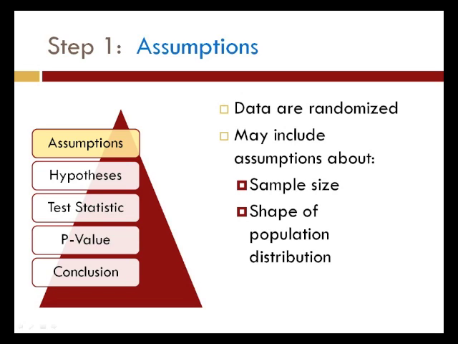If you've already started with a normal distribution, you may not need a larger sample size. With proportions, we'll find out that we need at least 15 successes and 15 failures, like what we did in the previous chapter. So those are the general assumptions that any hypothesis test will have.